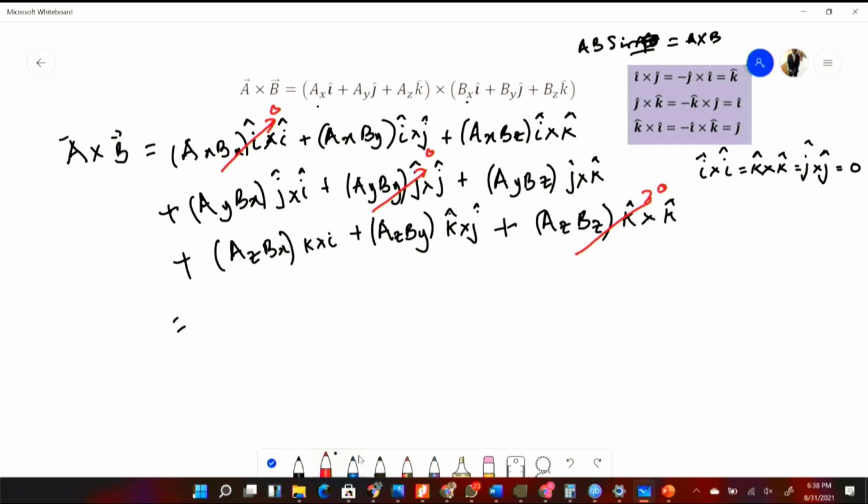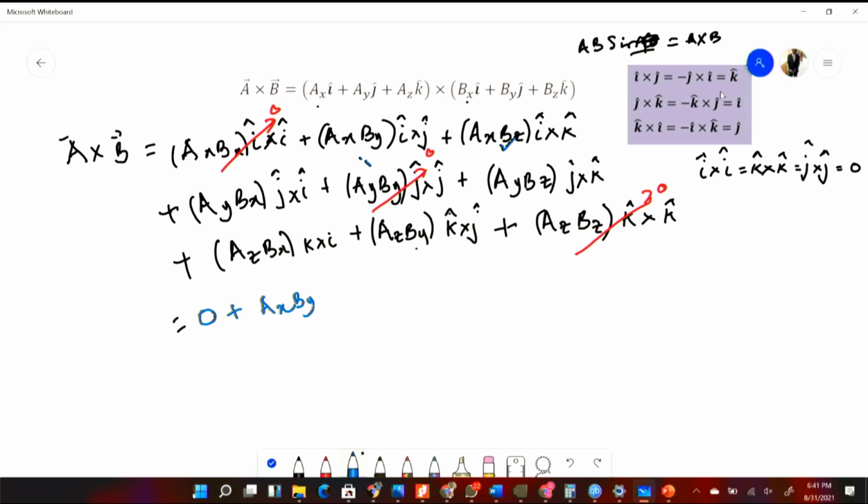So we are left with AX and BY. We have 0 here so that we don't miss anything. Plus AX BY, and what is I cross J? Let's look at our relation here.